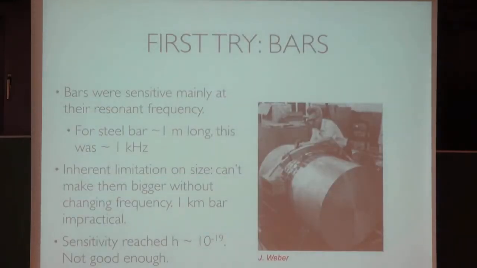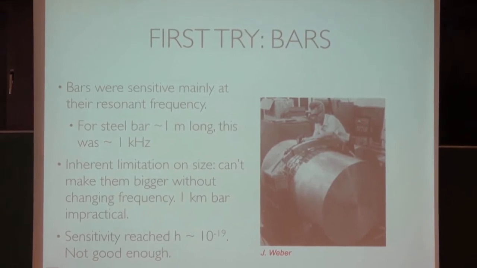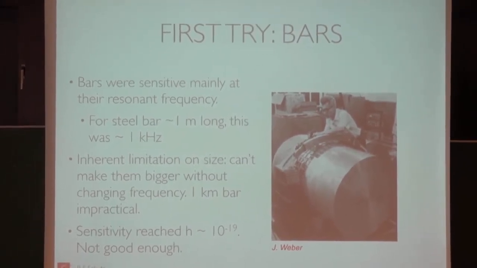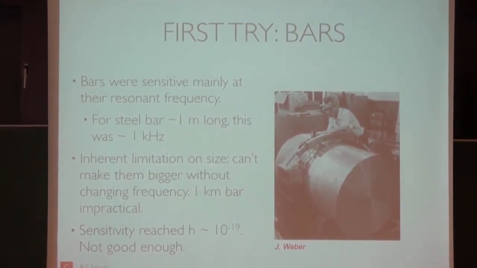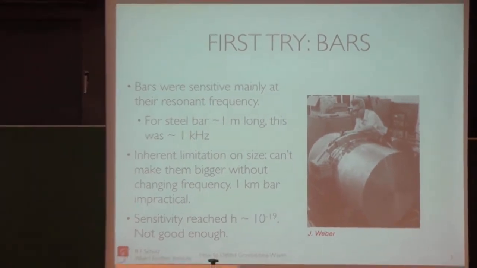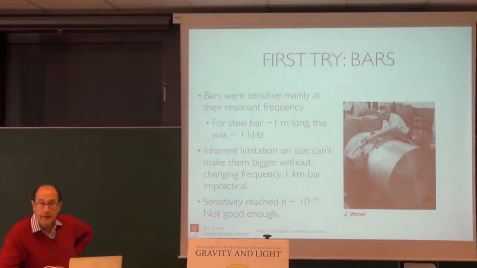The first attempt was with the bar detectors. And this is a picture of Joseph Weber, the pioneer of the field, with his first bar detector at the University of Maryland in the United States. Weber actually did consider interferometry. But this picture was taken probably around 1965.